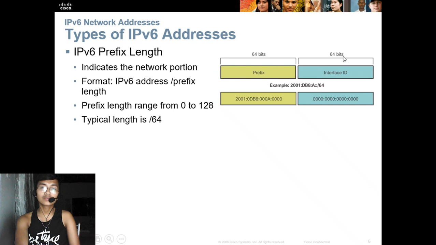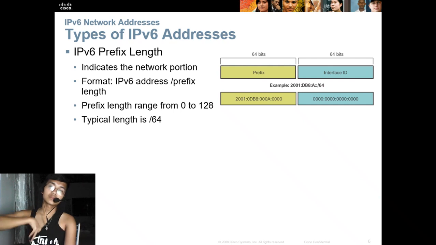The /64 is the network portion, and the other is the IPv6 address. So it is much the same as the IPv4 address, but it has some numbers only and some periods. So this one is different.